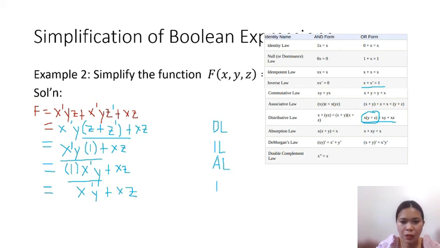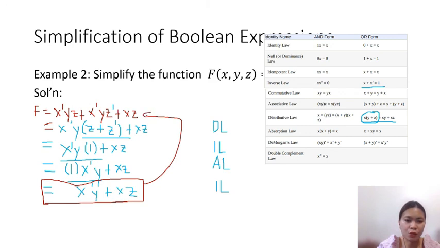So I'm going to write here IL. So, we can't simplify this further anymore, no? So, dito na tayo mag-end. This is now the simplified Boolean expression of this function. Okay? So, let's have another example.